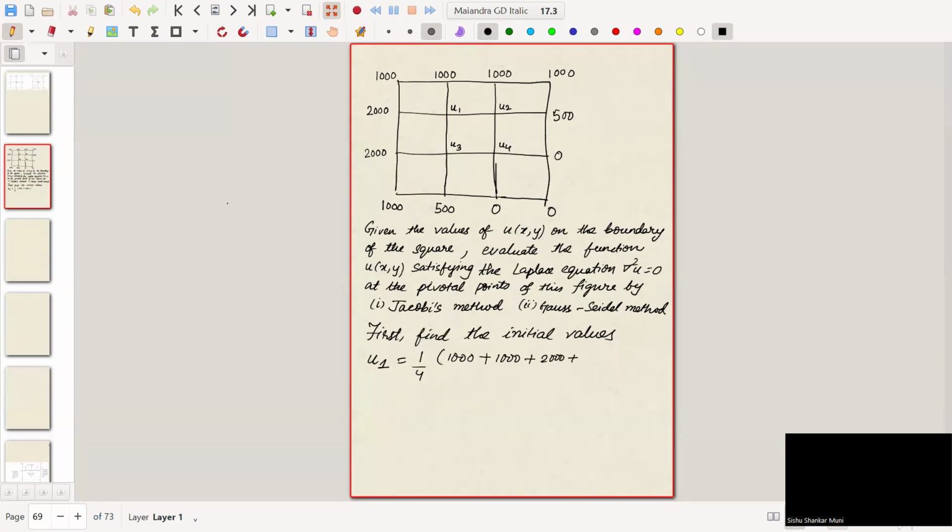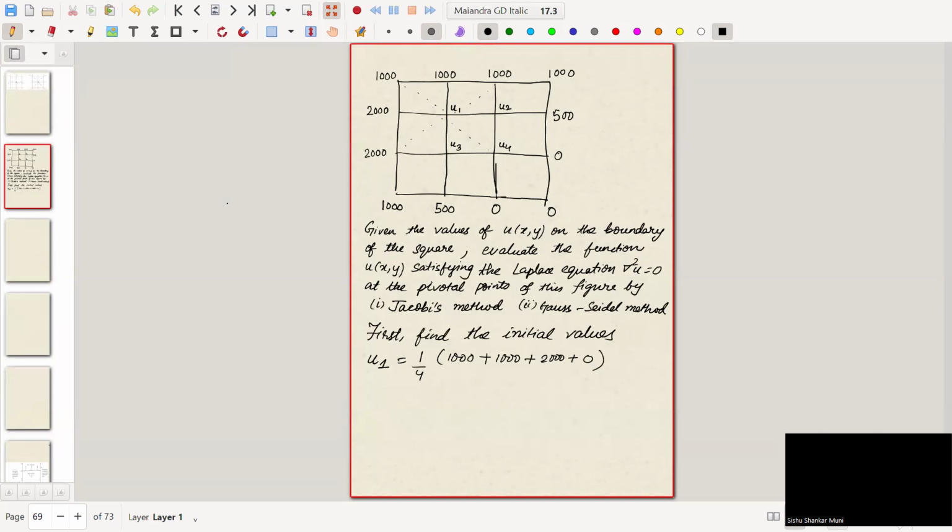We don't know the value of U4. So we are doing this diagonal step, right? I have put 1000, 1000 and 2000 here, but I don't know the value of U4. Just as an initial guess, we can put it 0.